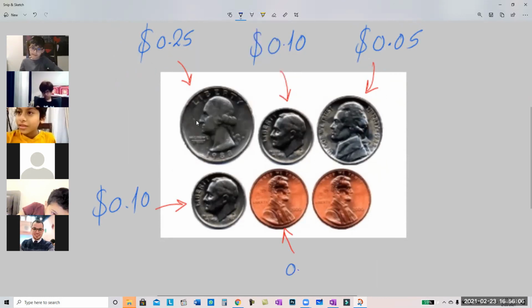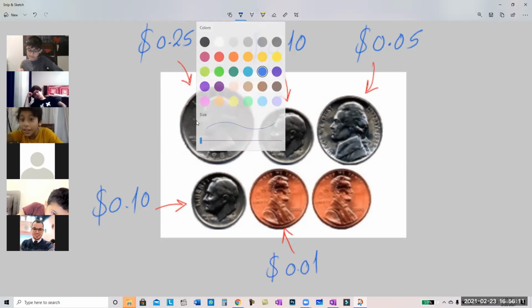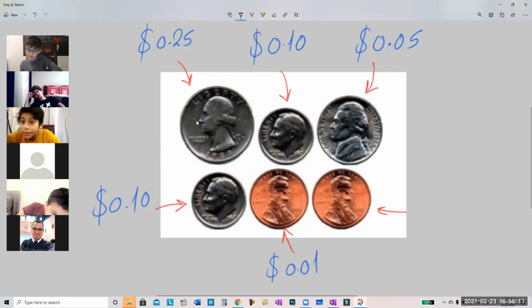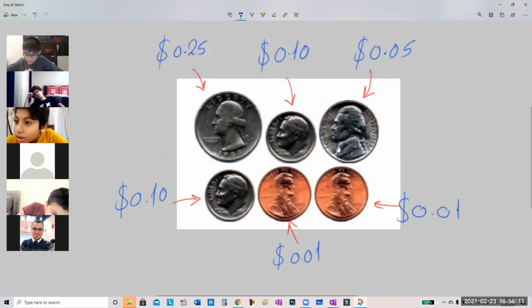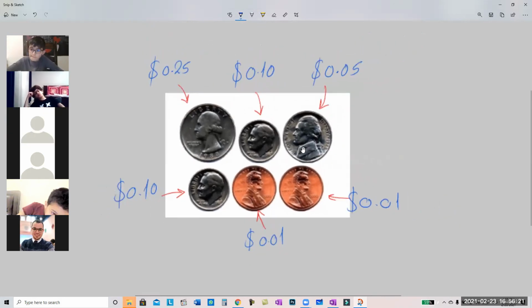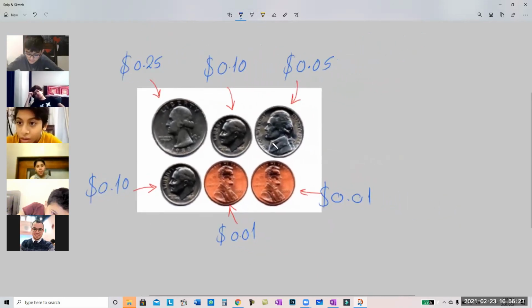So it will be $0.01. And the same here, $0.01. Okay, now if you want to get the total money, we're going to add them together. Let's take the small amounts together.